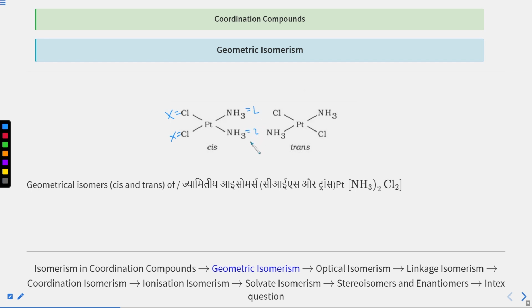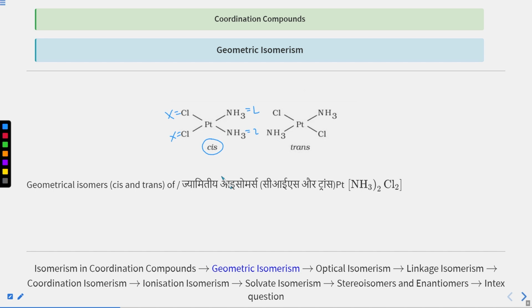So this is the example of geometrical isomerism. You can see very clearly that in this case it is called cis, in which both of the Cl are on the same side. Okay. But in the next case, the NH3 is on the two different sides.